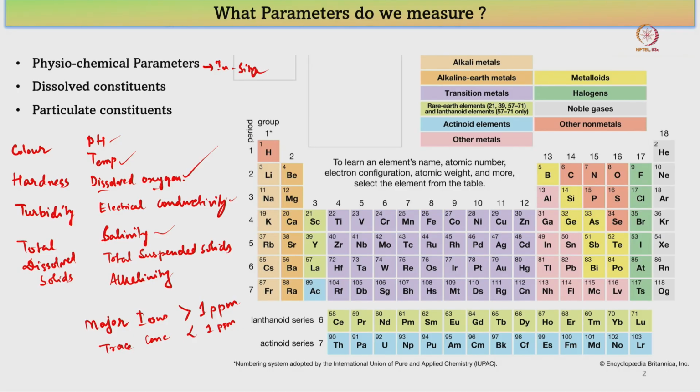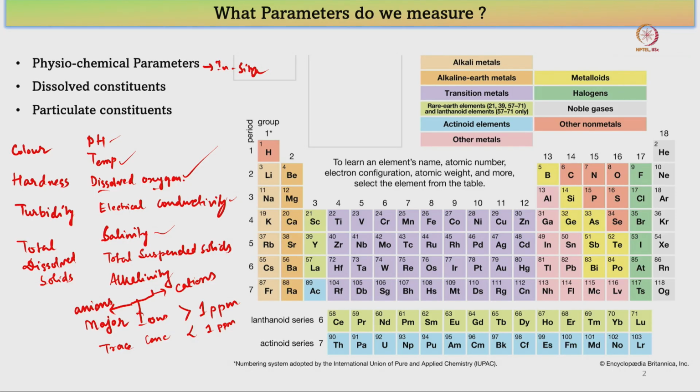Now, major ions are of two kinds. One is cations, that is they are positively charged, and the other is anions, they are negatively charged elements.